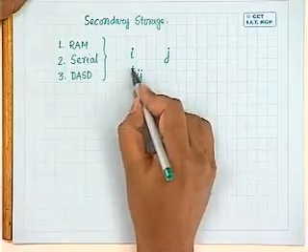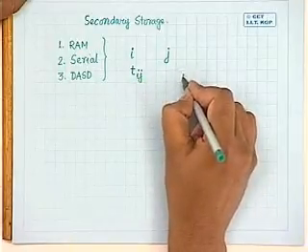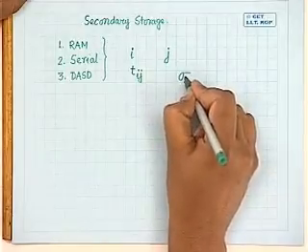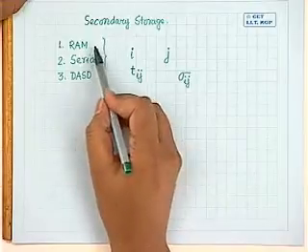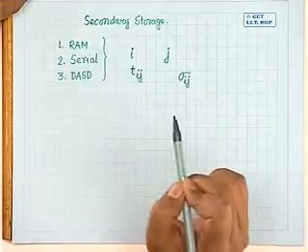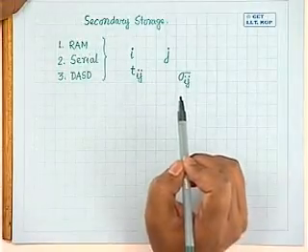Okay. So if you take the variance of this Tij, then depending upon the variance value, we categorize the storage devices into one of these three categories.